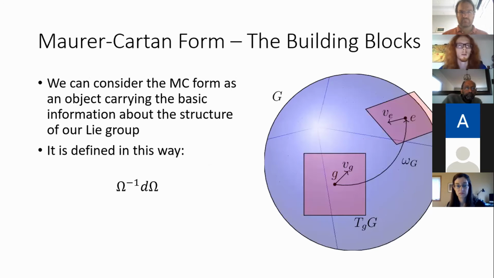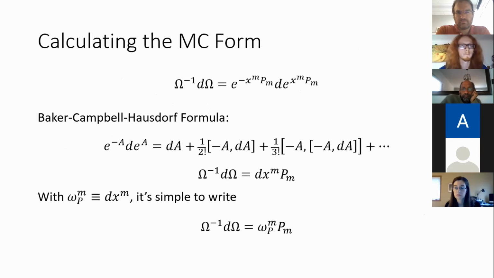Now we get to the Maurer-Cartan form, which is like the building blocks. There's a rigorous mathematical definition for this, but for our purposes, we can really just consider it as an object carrying the basic information about the structure of the group we're considering. It's defined in this way, as the inverse of the coset with its exterior derivative. As for actually calculating the Maurer-Cartan form, we need to make an addition to our tools of the trade, which is the Baker-Campbell-Hausdorff formula.